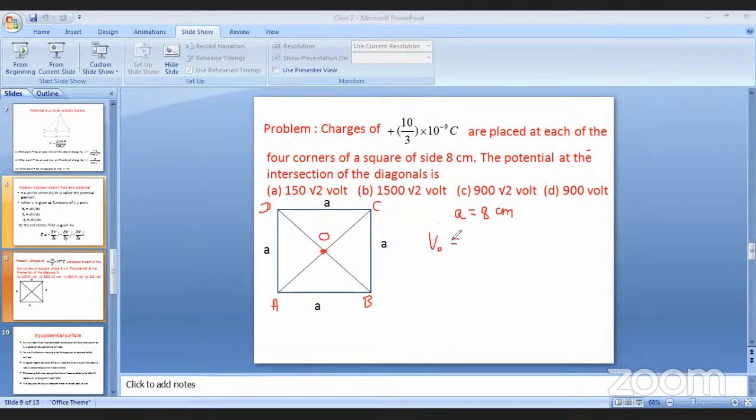The total potential at this point O is given by the potential due to the charges at the four corners.